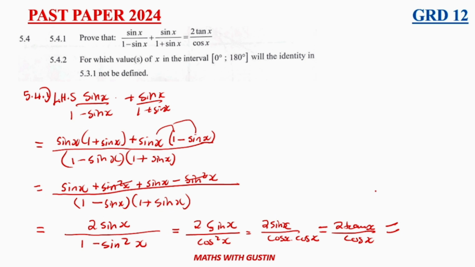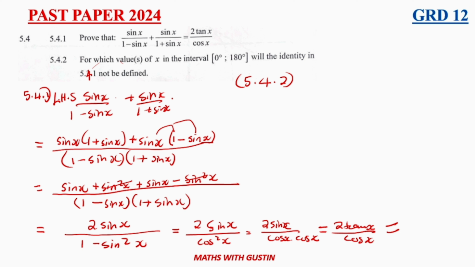And then let's move on to 5.4.2. It says, for which values of x between 0 and 180 will the identity in 5.4.1 not be defined.